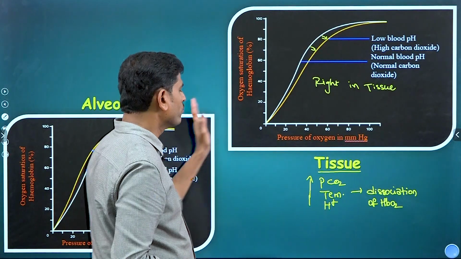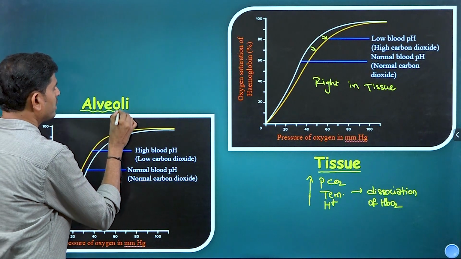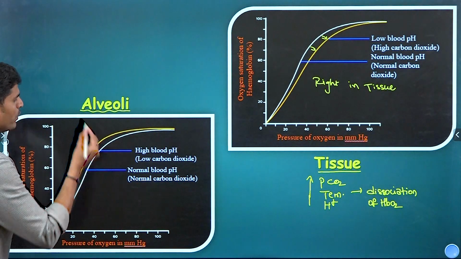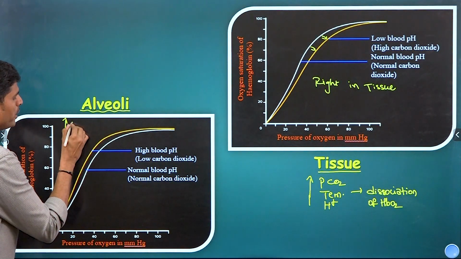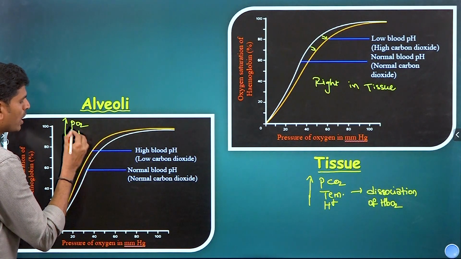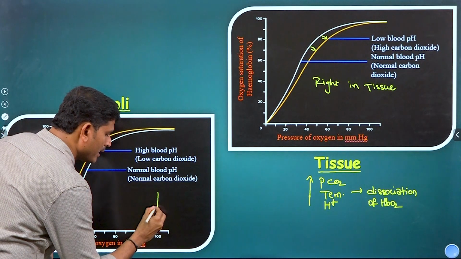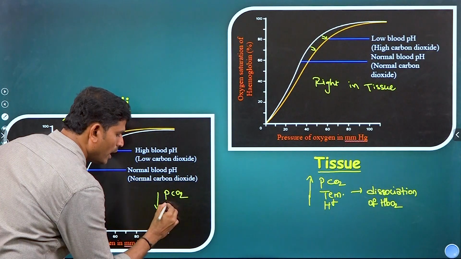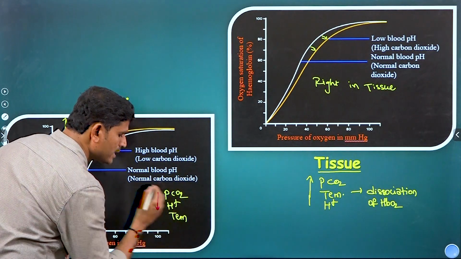When we reach the same thing at the alveoli, what are the conditions in the alveoli? PO2 is more and pH is also more, and the other conditions, PCO2, H plus and temperature, are less.